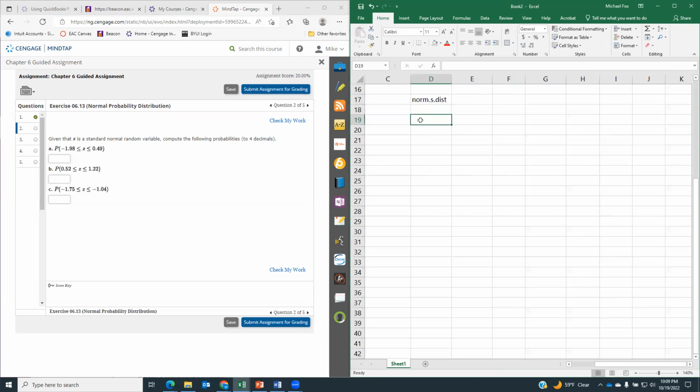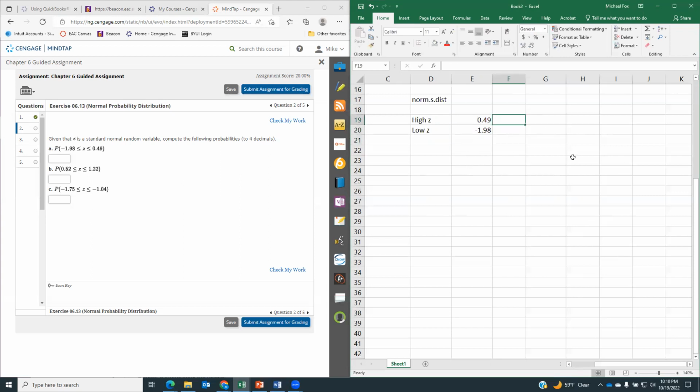So here's how I set something like this up. I create a little calculator for myself, and I'm going to say the high Z score, and then the low Z score. Which means on A, the high Z score is 0.49, and the low Z score is negative 1.98.